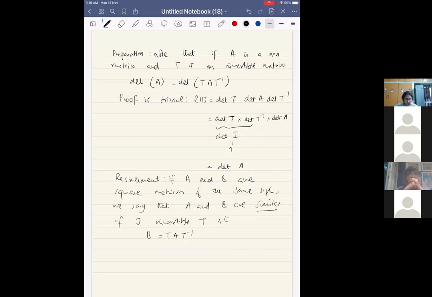So the restatement: similar matrices have equal determinants.